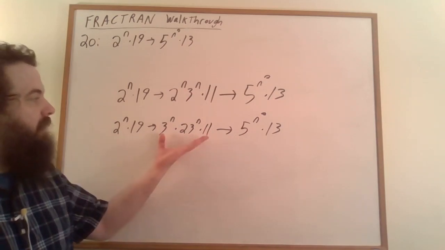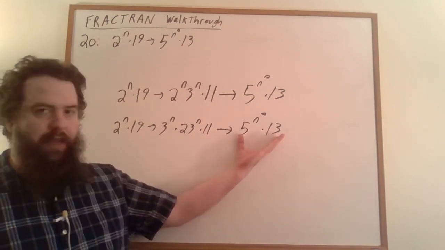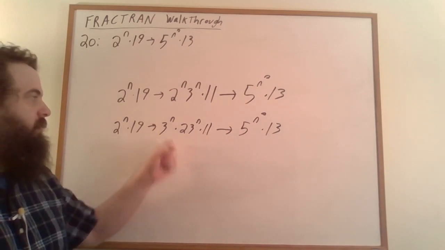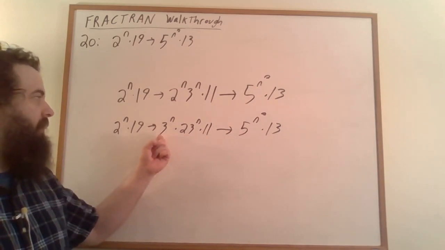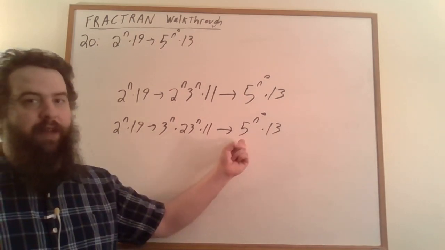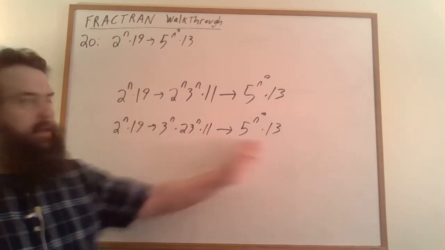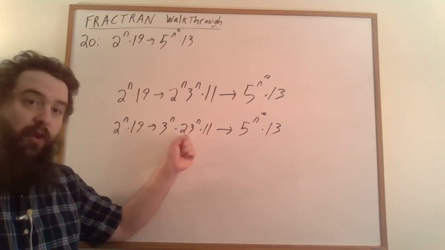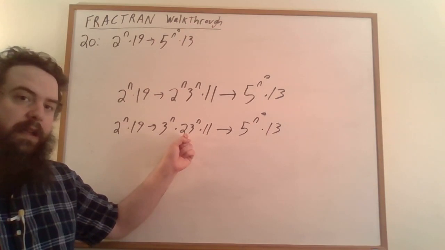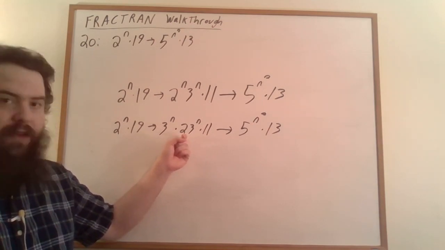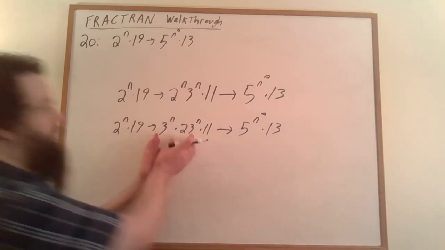And then we'll have a slightly modified version of our multiplication function that, instead of multiplying the contents of the 2s and 3s register, multiplies the contents of the 3s and 23s registers and puts them in the 5s register. This modified multiplication function is super easy. We just take all instances of 2 as a factor in our original multiplication program and replace them by 23s. So that's how we do this step.